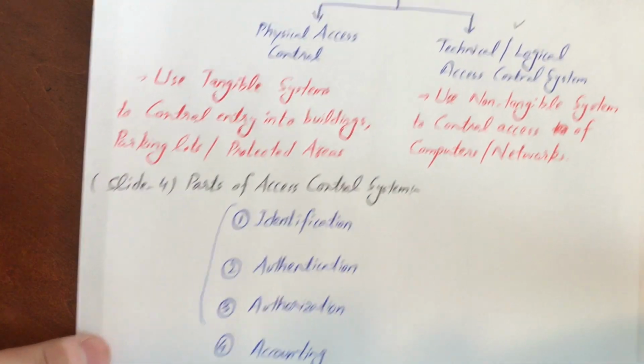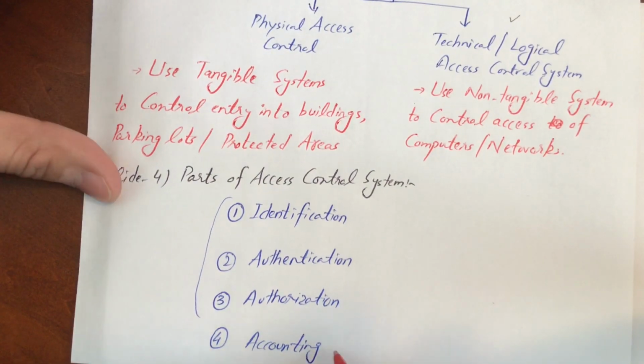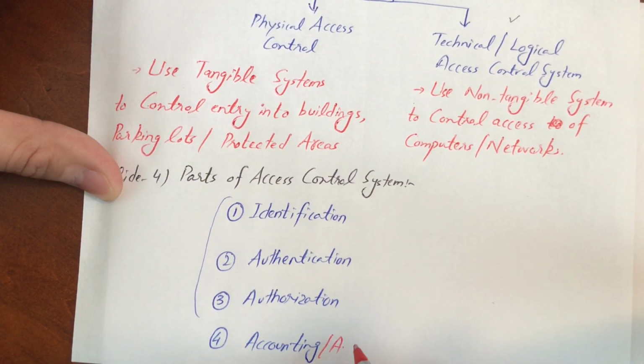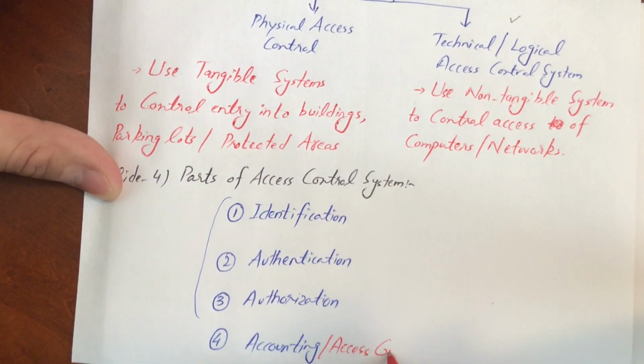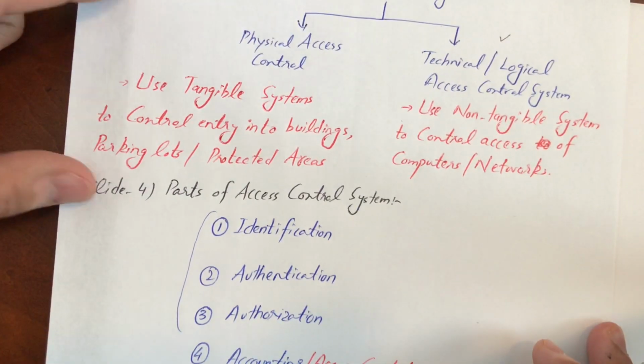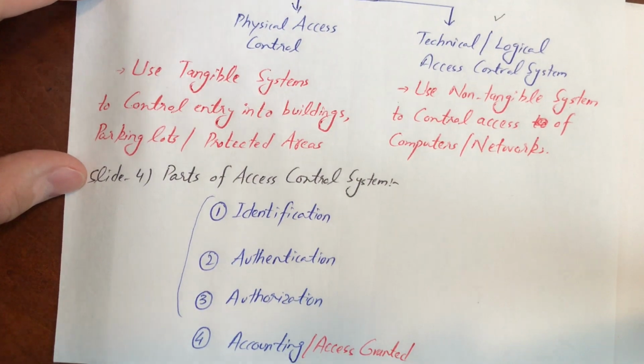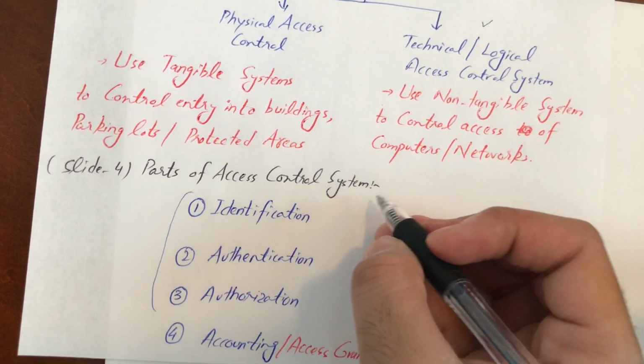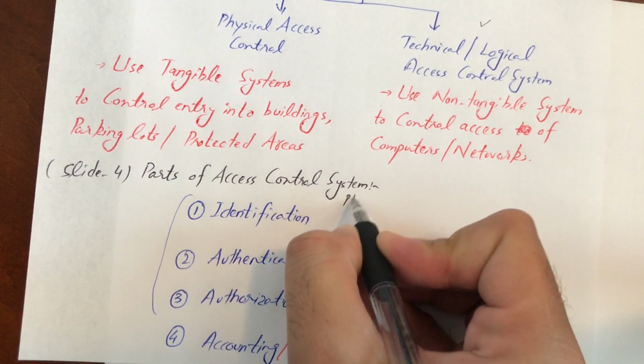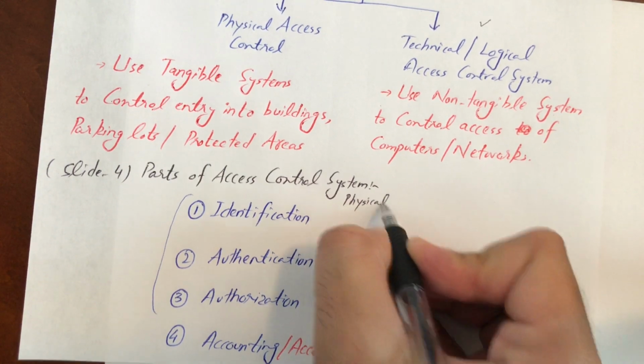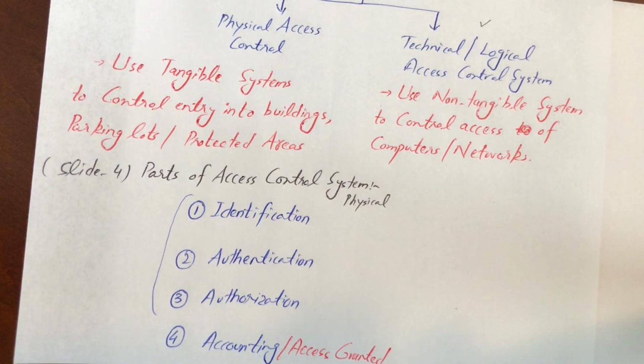So the first is identification. After access is granted, accounting is basically the next part. Now, identification in physical systems: how do we identify something?